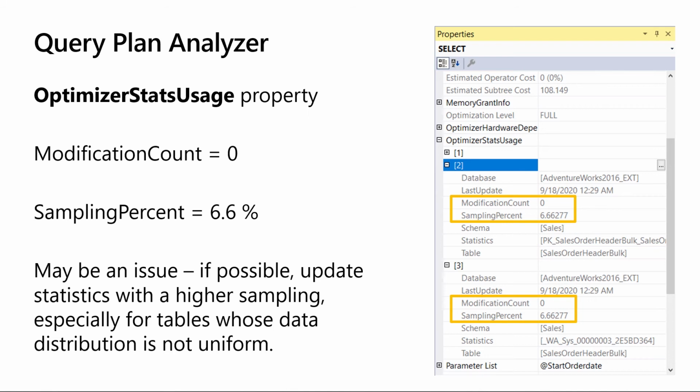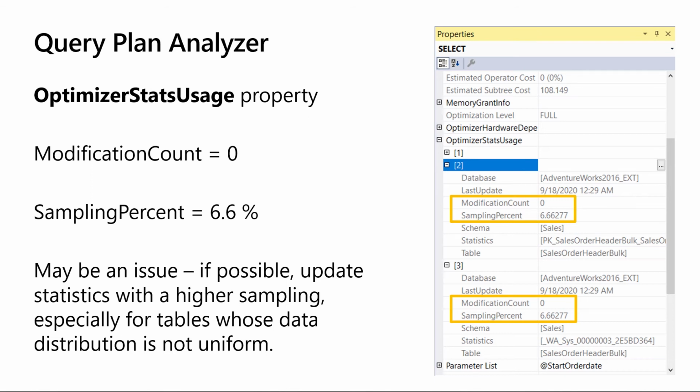So if it's possible to update statistics with a higher sampling ratio, that would mean that we would likely have a more accurate understanding of the data distribution based on that statistic, and then potentially the optimizer could do a better job. If the data distribution is not uniform, having a low sampling ratio will most likely skew statistics.